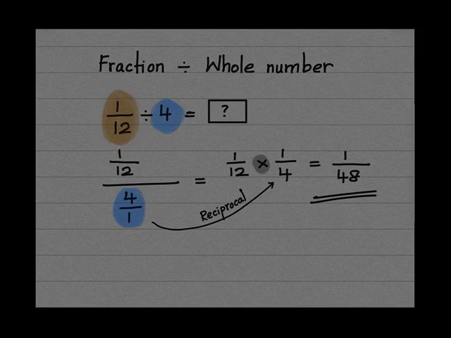Fraction divided by a whole number. The fraction can be written in the numerator and the denominator 4 can be written on the denominator. The whole number can be written as a fraction. So 4 means 4 divided by 1. So it has a denominator 1. All the whole numbers have a denominator 1. Okay.